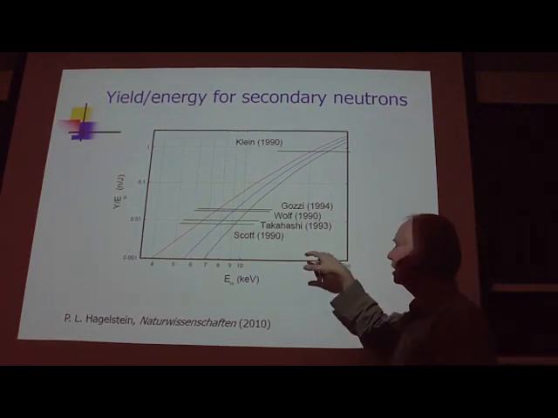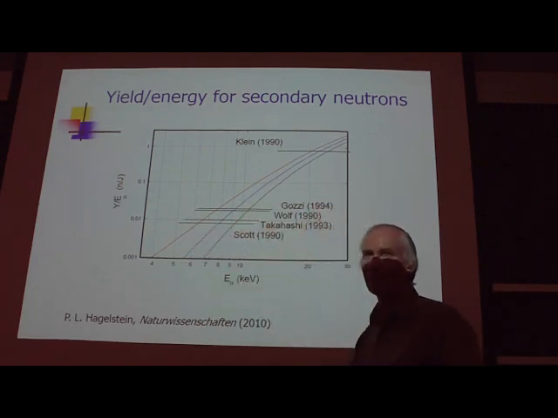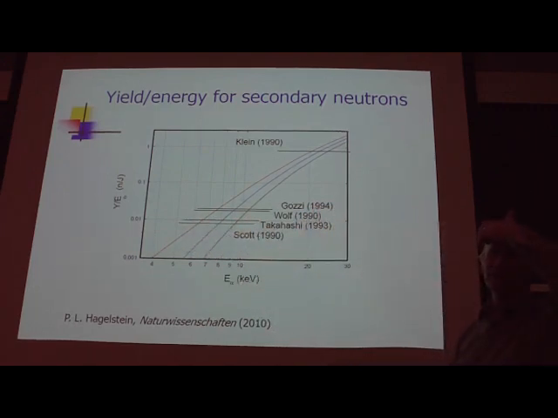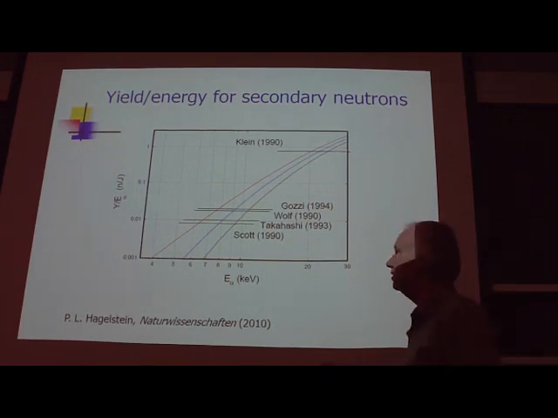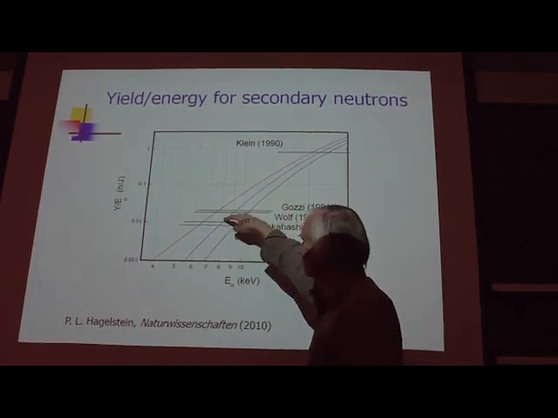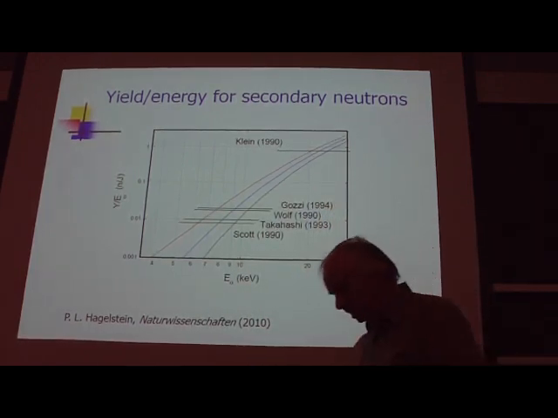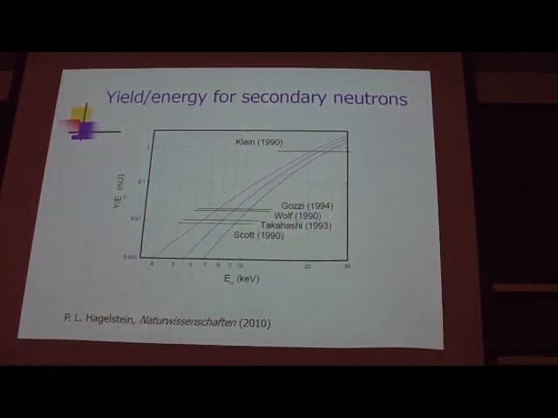And Takahashi would be right here. From Takahashi's data, you can infer something in the neighborhood of an upper limit of 1 neutron per every 100 joules. And 1 neutron per every 100 joules would correspond to this point, an upper limit of about 8 keV.